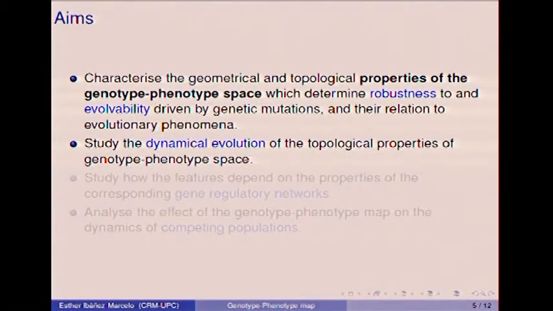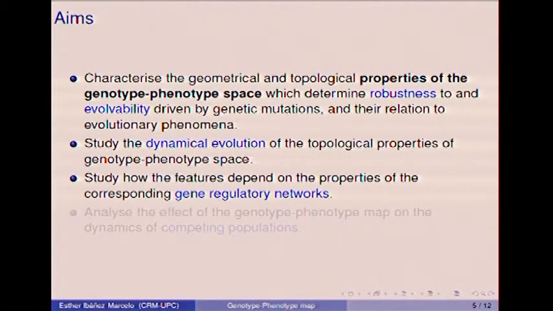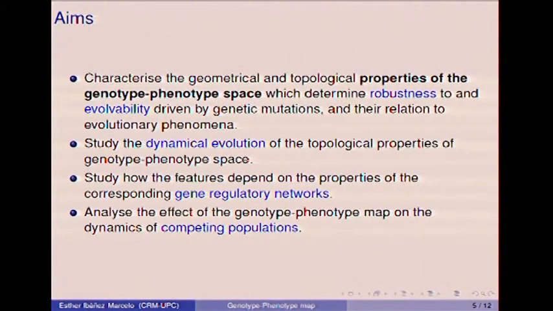We would like to study dynamical evolution and also how features depend on the properties of the corresponding gene regulatory networks, and analyze the effect of this application in dynamics with competitive populations.